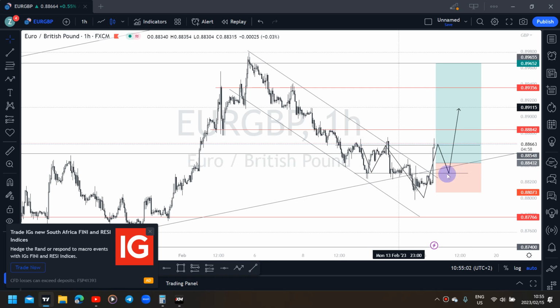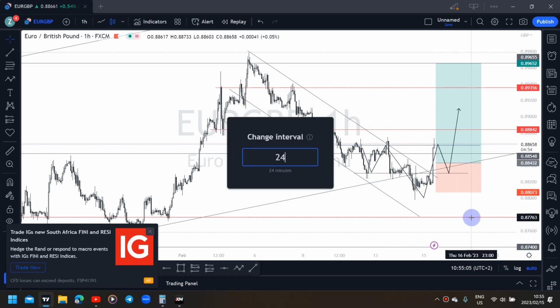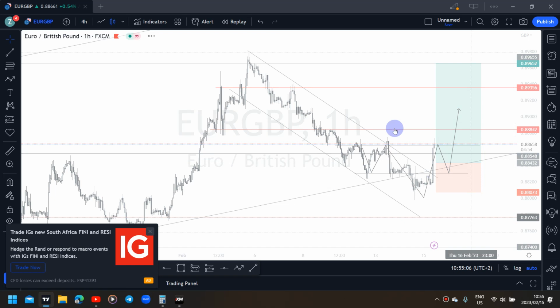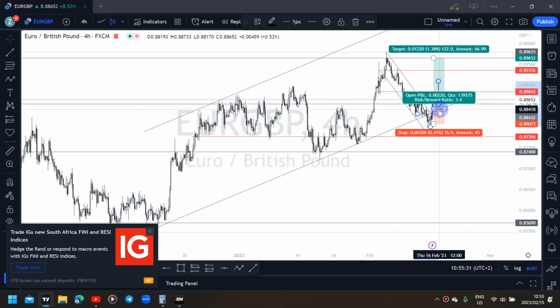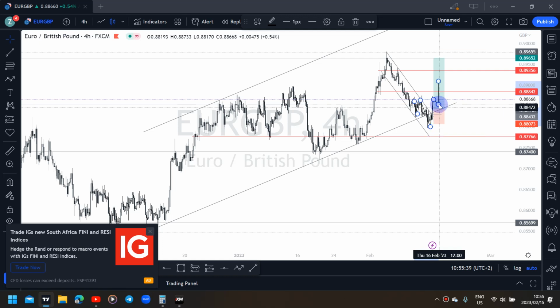But since I have this trend line on the 4-hour time frame, this supporting trend line, I think the market might not go down to that key level to complete the inverted head and shoulders. I think it's possible that the market might just play around this key level, but having the buy limit, the pending order there, is basically to cater for those rejections. I want the market to activate me via rejection.